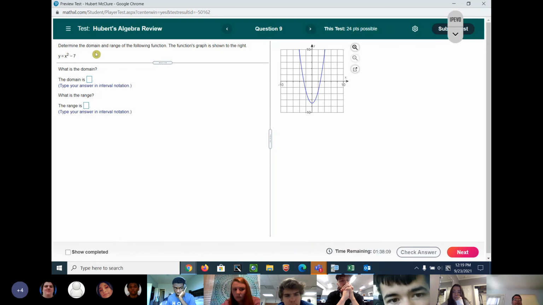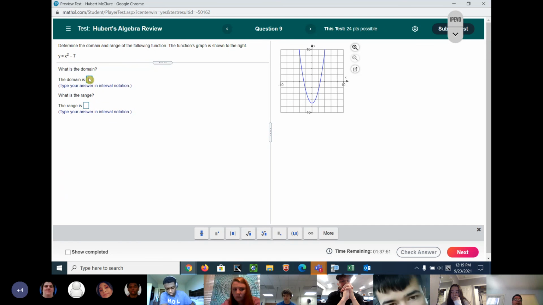Okay. Determine the domain and range of the following functions. You have to plug in the month. Okay, the domain is all real numbers. So negative infinity to positive infinity.